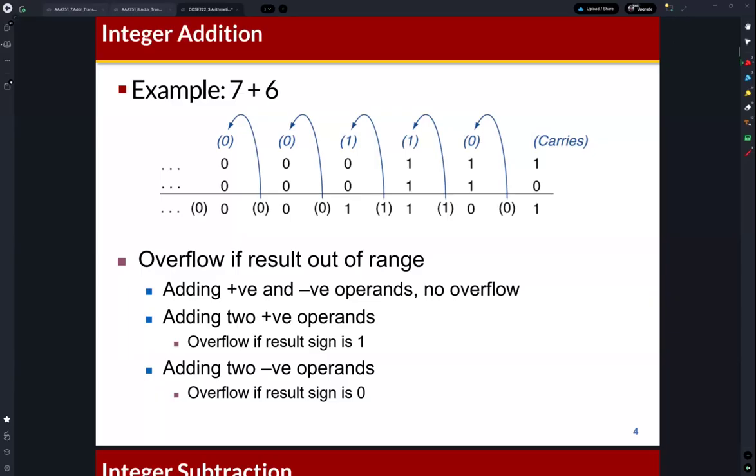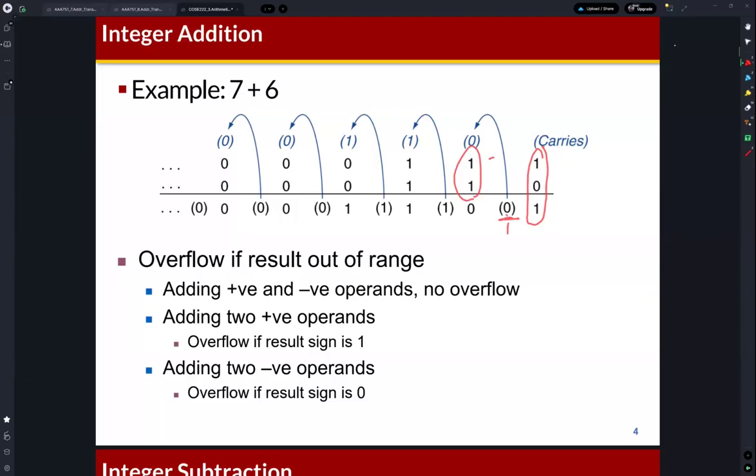7 plus 6. 7 is 000111, and 6 is 000110. We can start from the LSB part. If we add the two numbers from this digit, it's 1, and the carry is 0. For the next digit, we need to add three numbers: two numbers plus the carry.